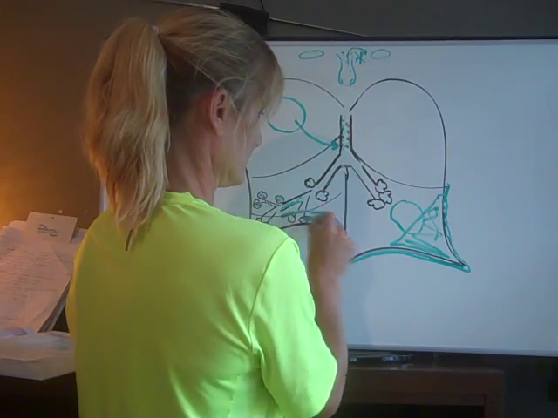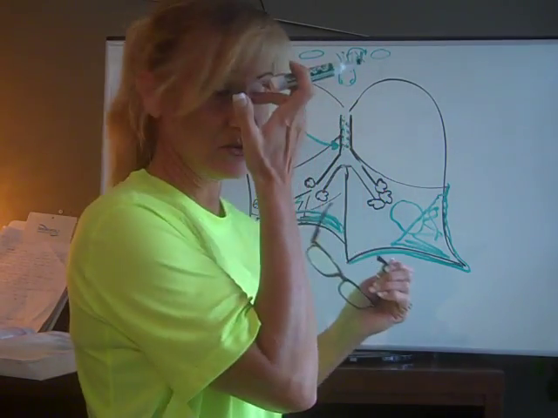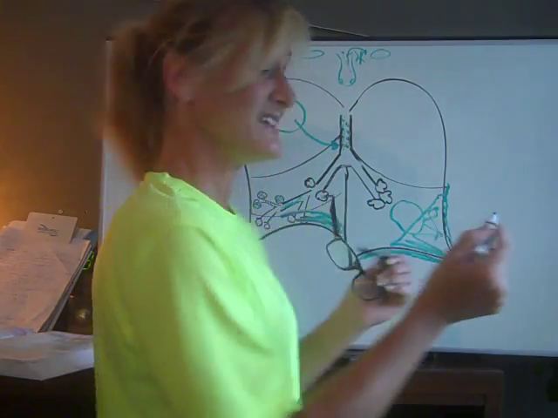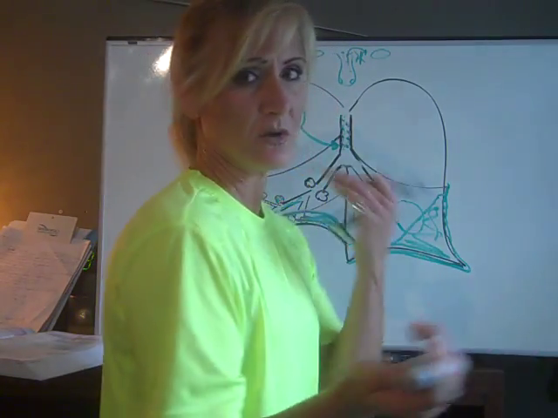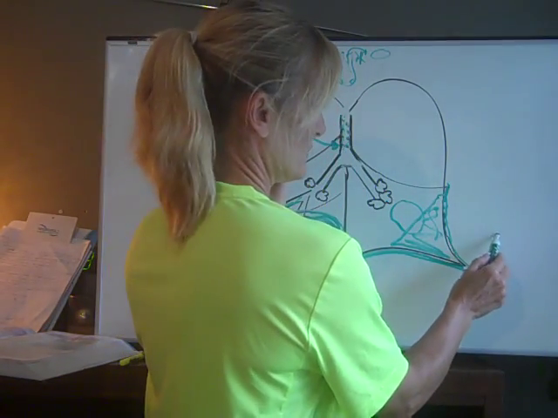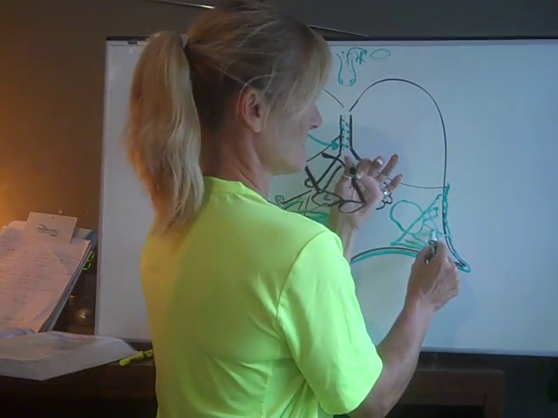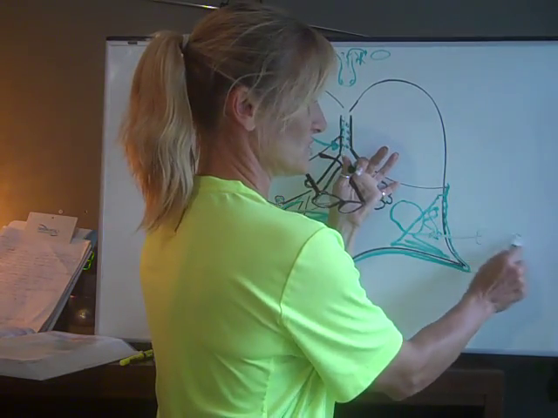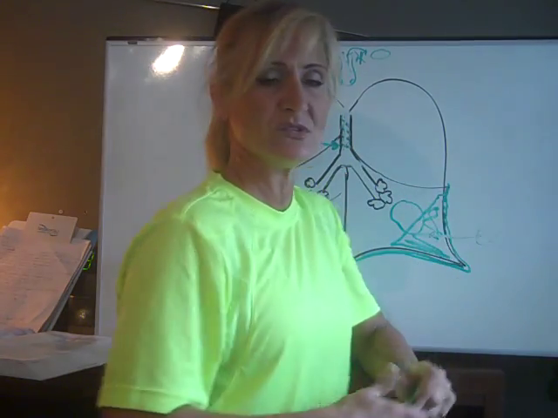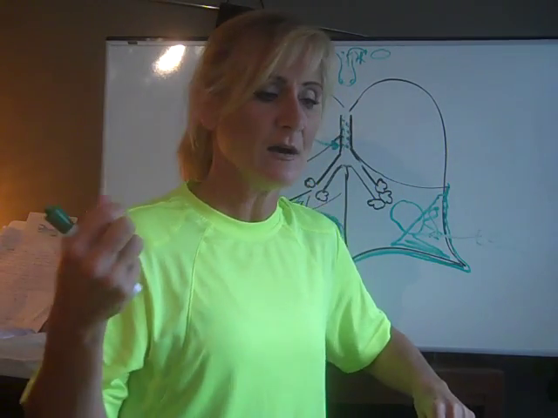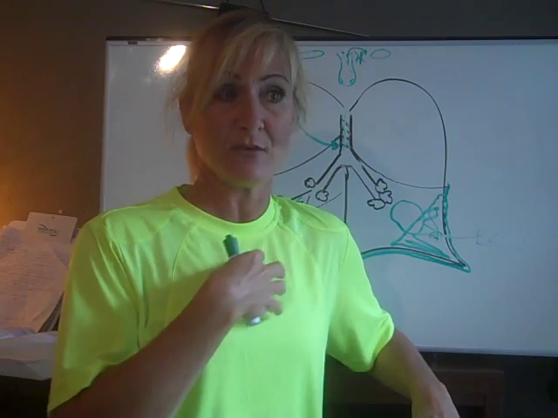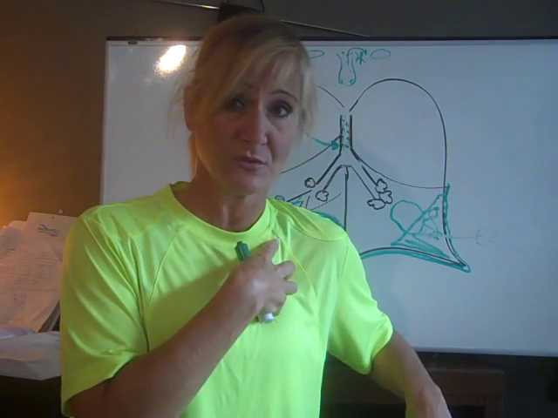You start developing a fluid collection in there, and you can do something called a thoracentesis, which you would assist with, where they put a large needle in, and you set the patient up, because again, you want to use gravity. You put a needle in and you just pull out fluid. Anytime you see that word centesis, that means to pull out fluid. You can have a pericardial centesis when you get fluid around the heart.